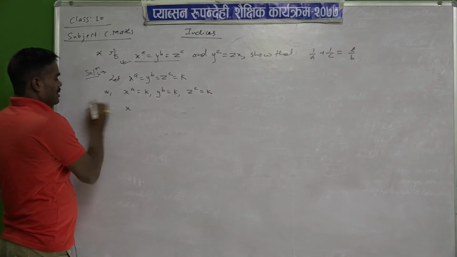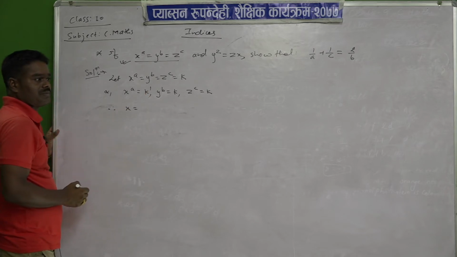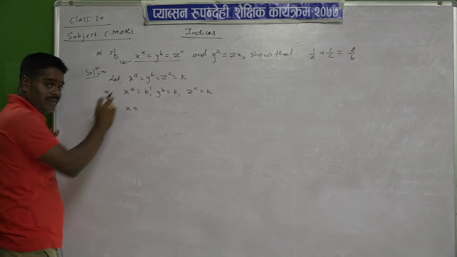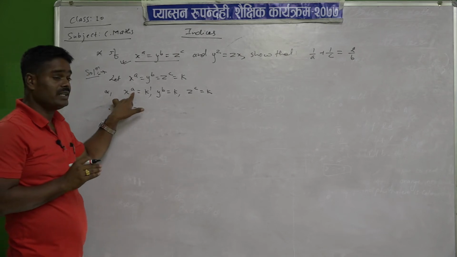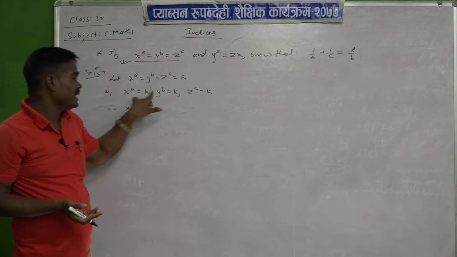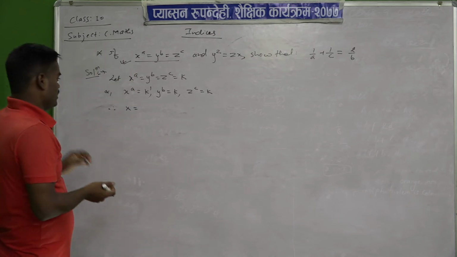So, in the form of k, we have to find out the actual value of x, y and z. Therefore, x equal to how much? What is the power here? 1. So, while transposing this power, if it is in the numerator, while transposing it goes to the denominator. If it is in the denominator, it goes to the numerator.